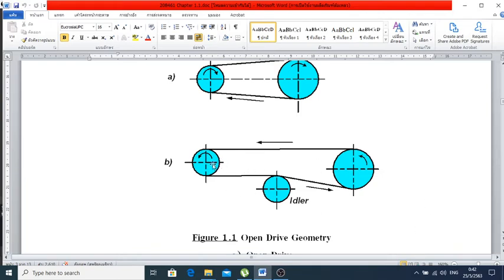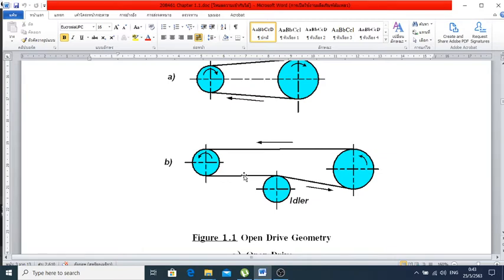Of course, the driving pulley is the small one right here, and the driven pulley is driving in the same clockwise direction. So on the upper belt we experience the tight side, and the down under is the loose side.